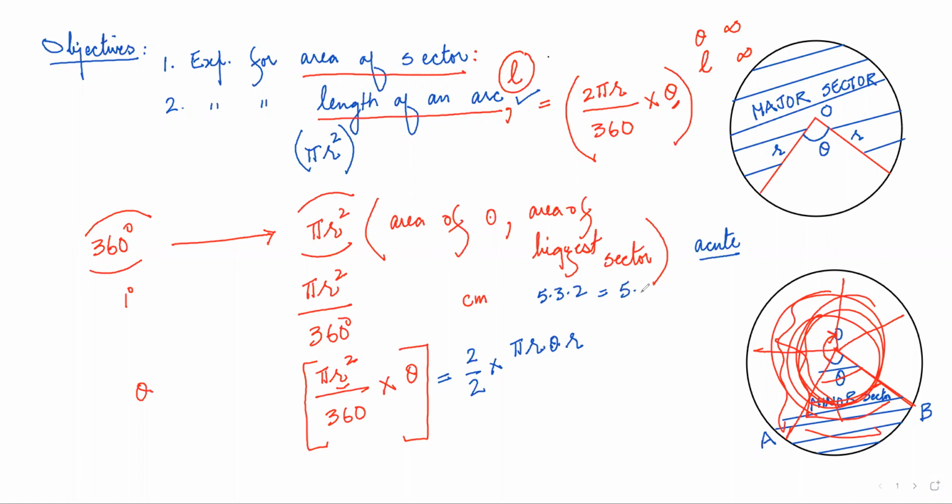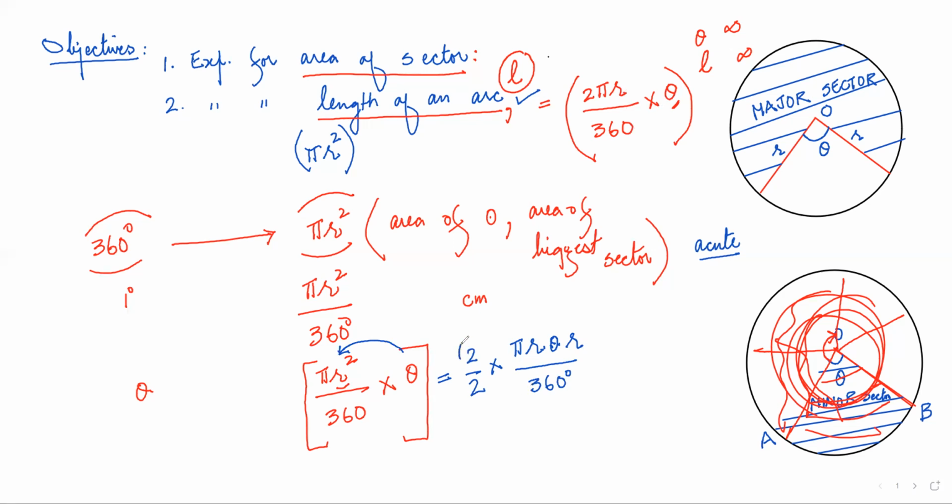Very good. So students, now you see 2 by 2. I am simply multiplying and dividing this by a number, no problem. 2 by 2 into pi r into r, theta I am bringing here, no problem, divided by, please tell me, 360 degree. Now students, you see this is 2 pi r divided by 360 into theta.